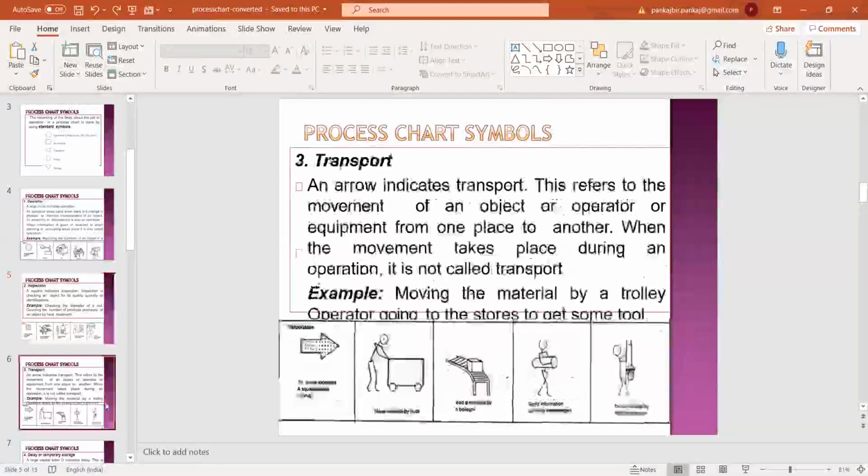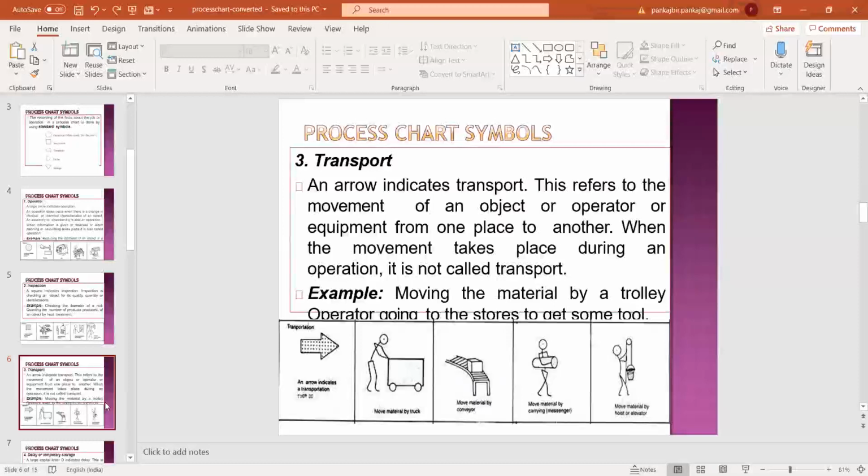The third symbol we use is an arrow, which is used for transportation. It indicates the movement of workers, materials, or equipment from one place to another. It indicates a change in location of the objects.